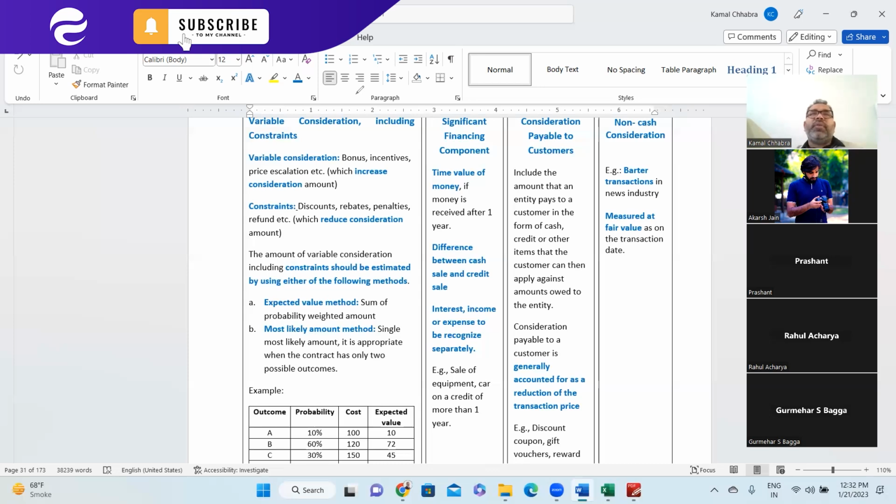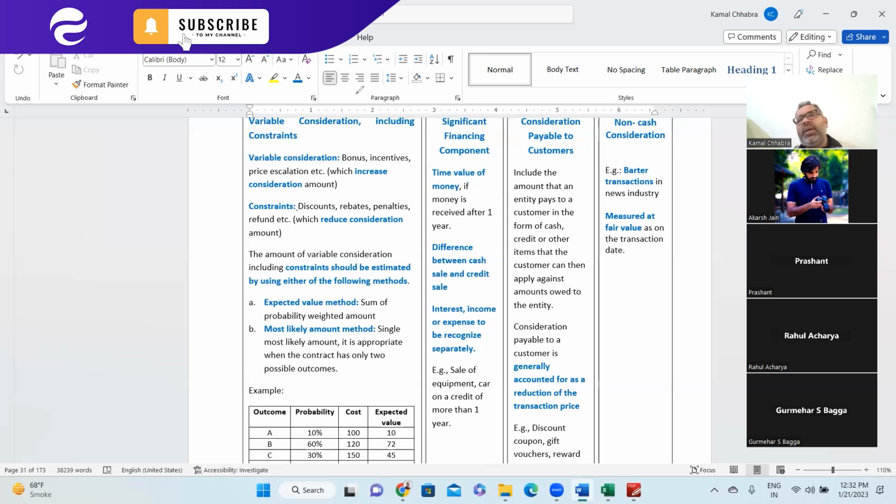So the $10,000 which you are extra charging is basically for financing income, not for sale of goods, right?